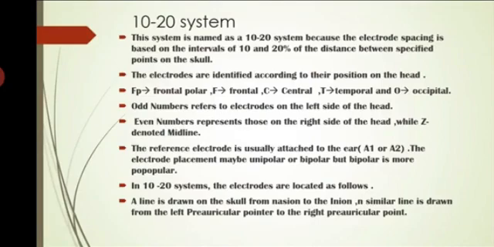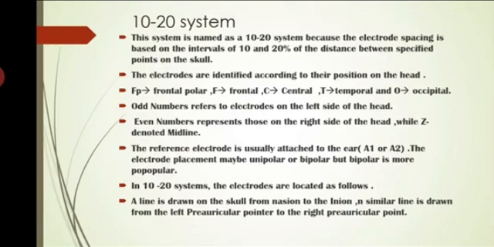This system is named the 10-20 system because the electrode spacing is based on intervals of 10 and 20% of the distance between specified points on the skull. The electrodes are identified according to their position on the head. FP means frontal polar, F means frontal, C means central, T means temporal, and O means occipital.